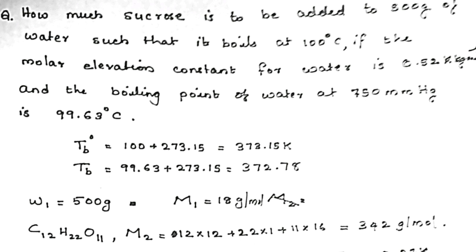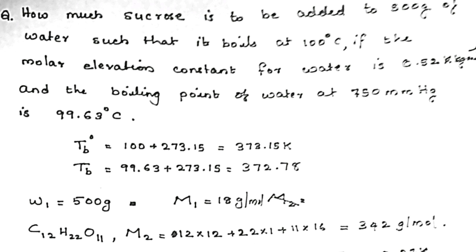Then for sucrose, M2, we can also find out the molar mass of sucrose, and we know the sucrose formula is C12H22O11. From that formula we can find out the molar mass of sucrose.